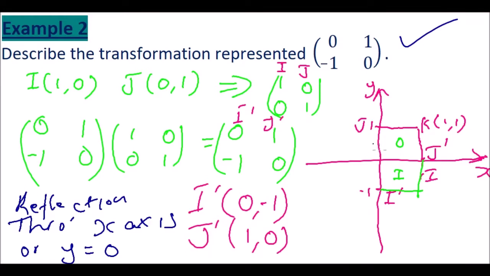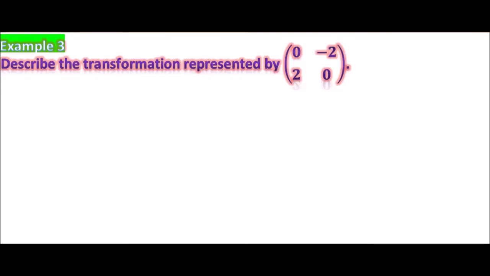So let's do another example. In our example 3, describe a transformation represented by matrix 0, minus 2, 2, 0. So we multiply our unit square with this matrix. So this means we have 0, minus 2, 2, 0. Our unit square, we have 1, 0, 0, 1.